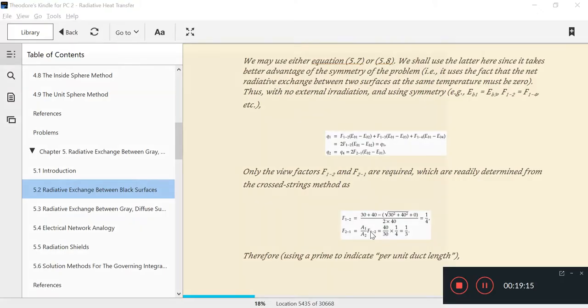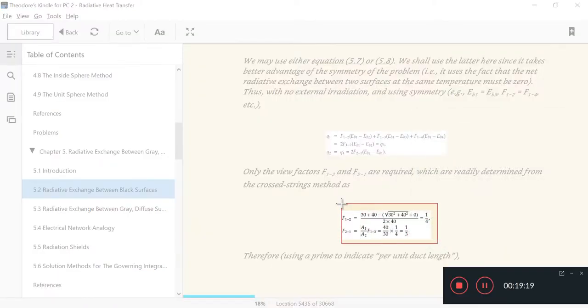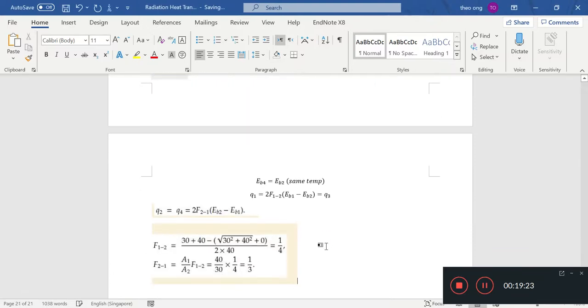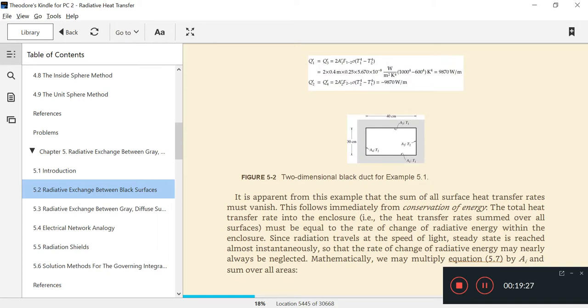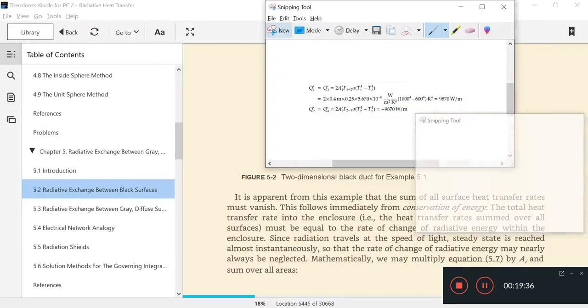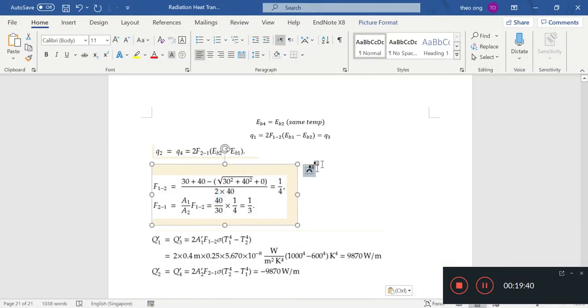So basically we are applying this formula, and then we are just doing a simple view factor calculation here. And the cross strings method is as follows. You need to measure the sides and the diagonals. I'm not going to go through the method here, just showing you the physical application of whatever we have derived. And then over here they're just substituting real numbers. This is our calculation of view factor.